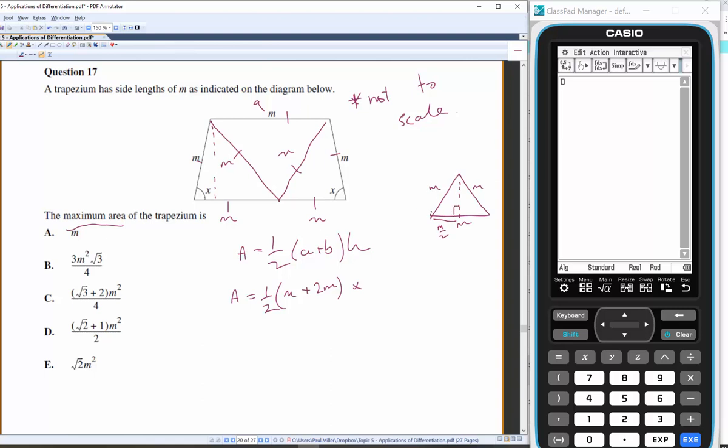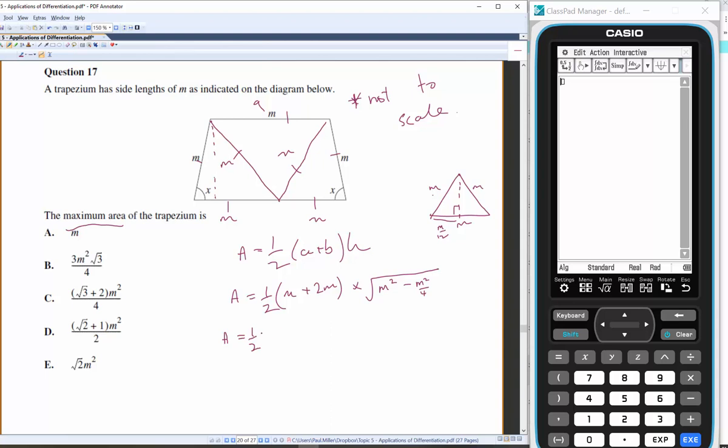Now the height is going to be the square of the hypotenuse, take away the square of the shorter side. So let's just multiply by the height, which is the square of the hypotenuse, take away the square of the shorter side, which is m squared over 4. Okay, let's keep going on this.